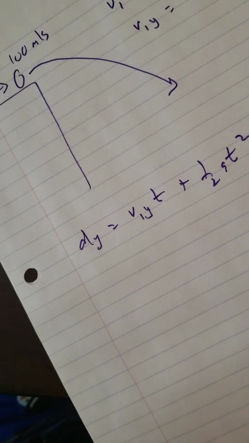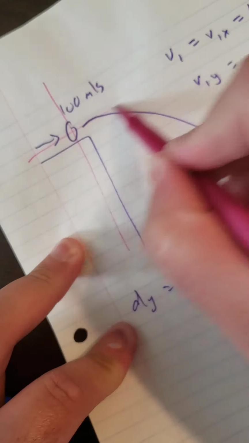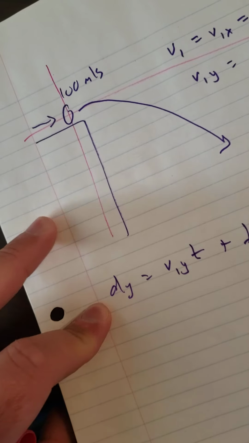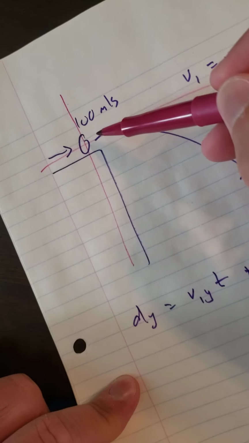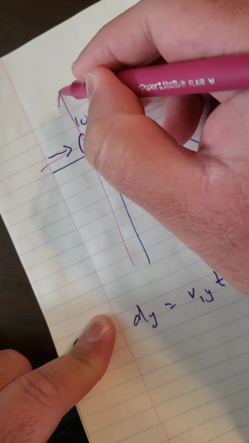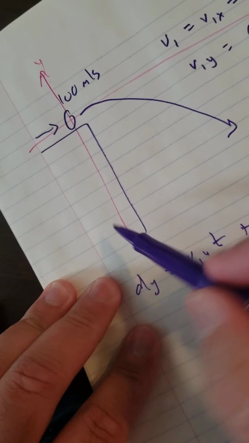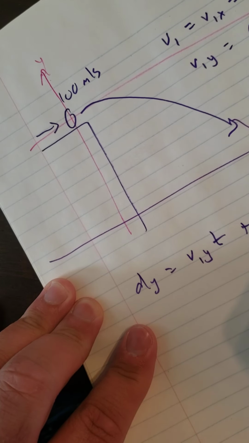So what I will do is draw my coordinate grid right here, okay? In this case, this is essentially at the origin, 0, 0, right? So I've got my x coordinate and my y coordinate, okay? This thing goes down here and then essentially hits the ground.